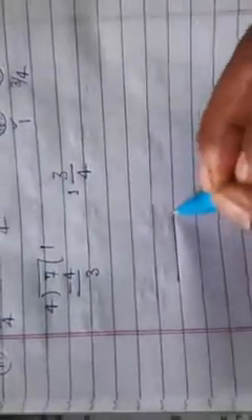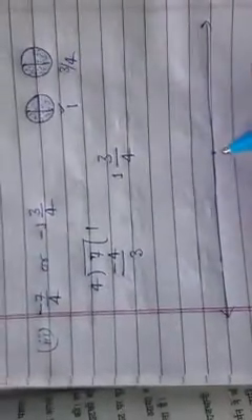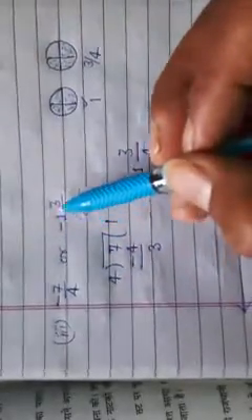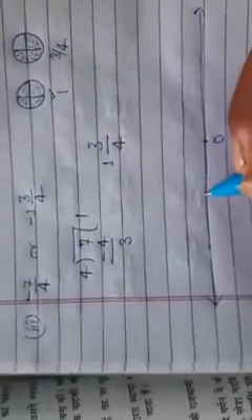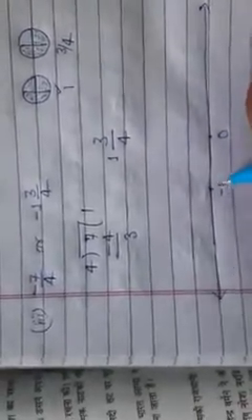Now students, this time we will be on the negative side of 0, because we need minus 1 and 3 by 4. We have to represent this number, so we will go on the negative side. So minus 1, minus 2.